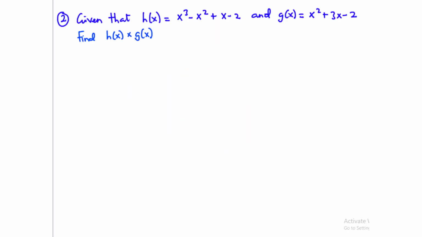So for the second question, given that h of x is x cubed minus x squared plus x minus 2, and g of x is x squared plus 3x minus 2, find h of x times g of x.